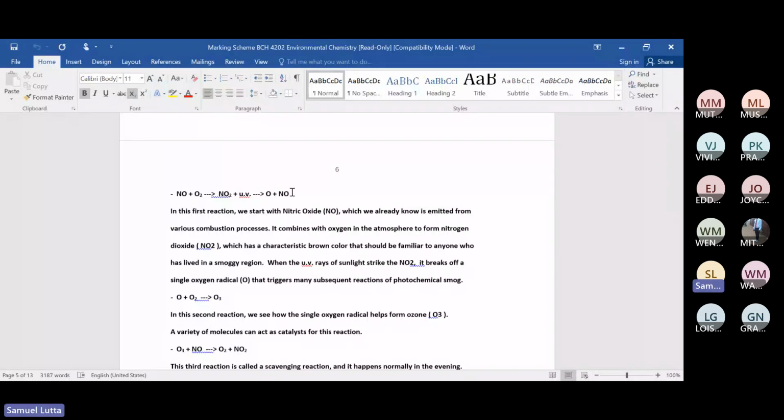So it's just like a reaction repeating itself. So the brown color that you saw in that smoke is because of this nitrogen oxide.